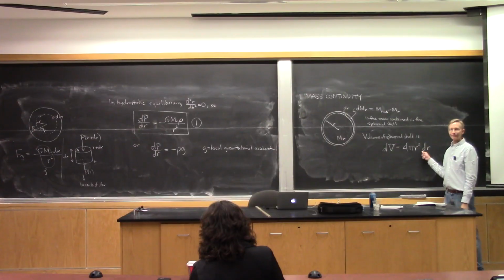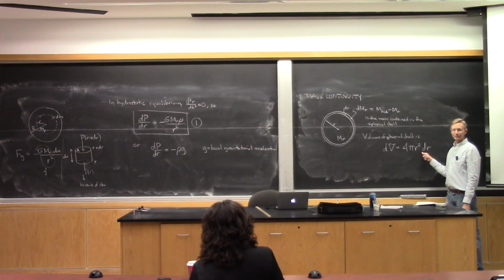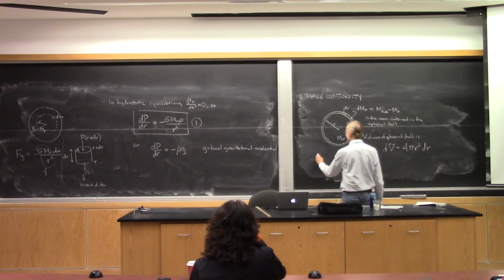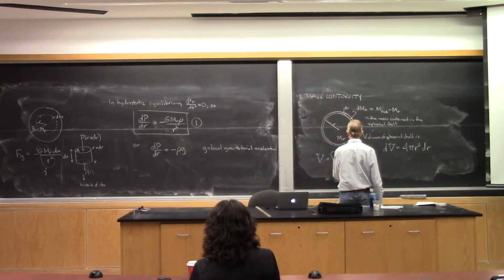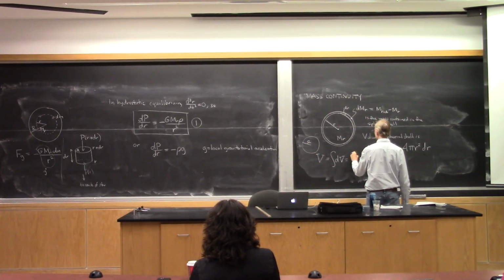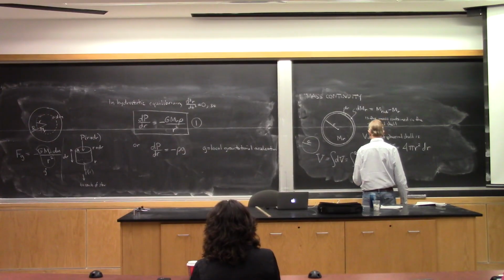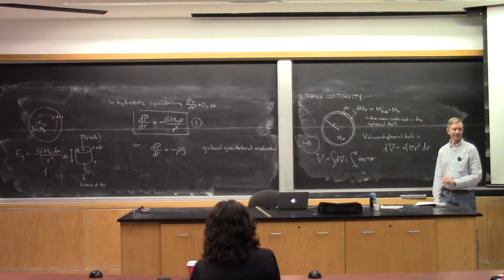So you do know what will happen if you integrate that from 0 to capital R, right? If I want the whole volume of the sphere, I add up all the little dVs, so if the whole sphere has radius capital R, I integrate from 0 to capital R of all the little dVs, 4 pi r squared dr. What's the integral of r squared?